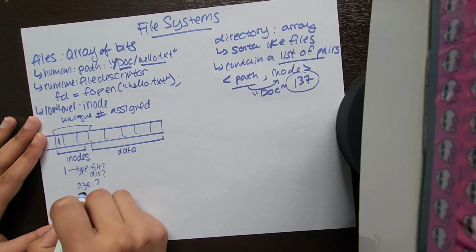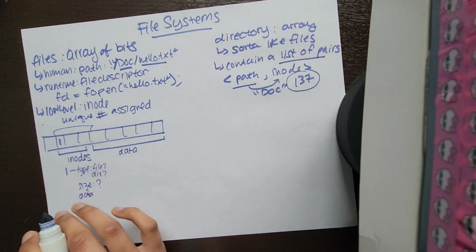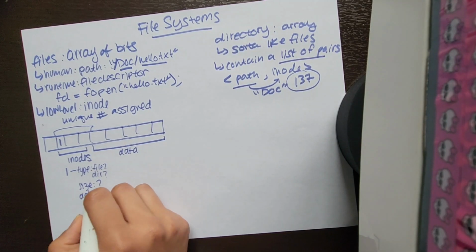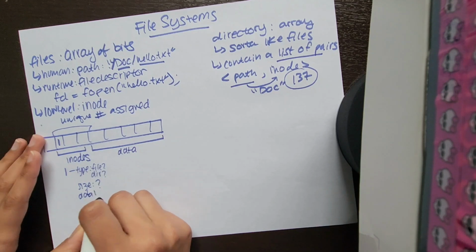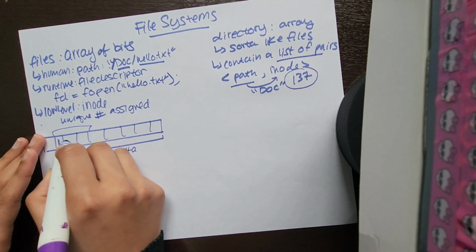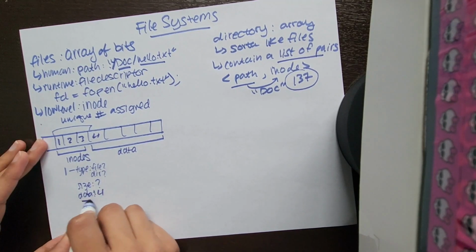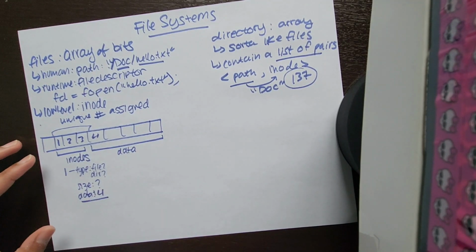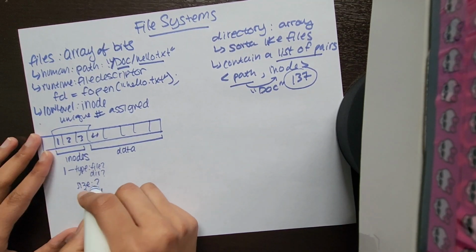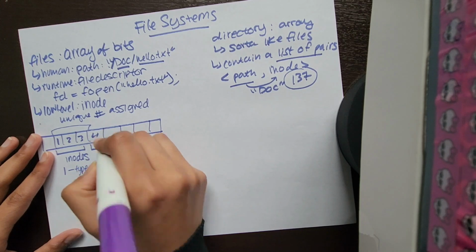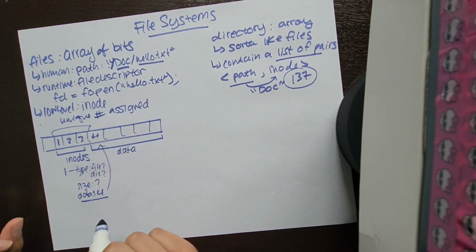And lastly, the most important thing, where the data is located. It'll contain a list of addresses, and each position is where you will find the data associated with this file or directory.